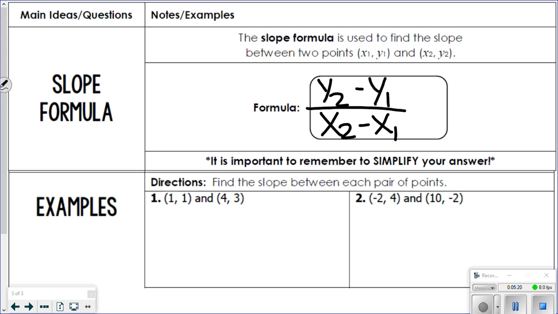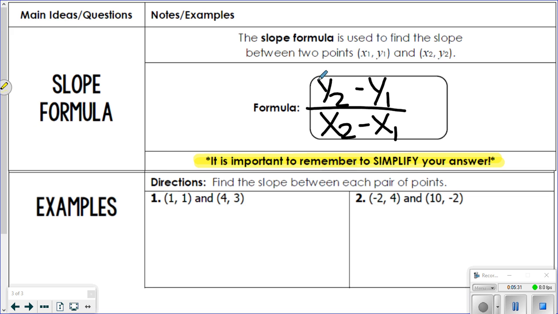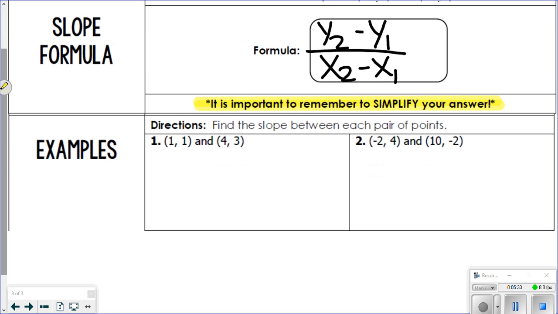And as always, it is extremely important to remember to simplify your answer. Always, always, always.